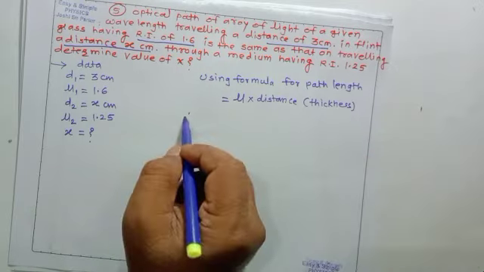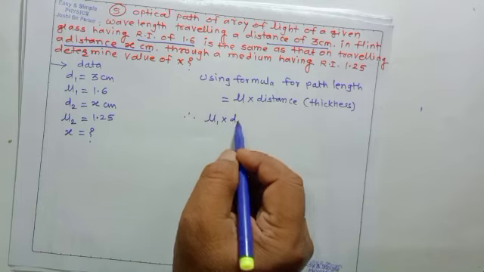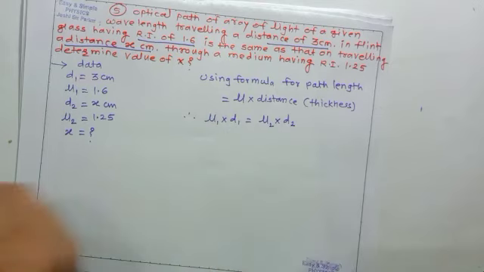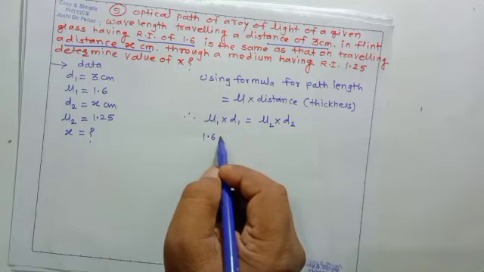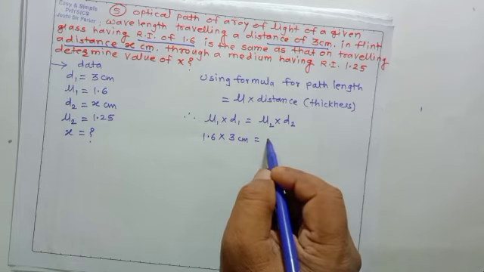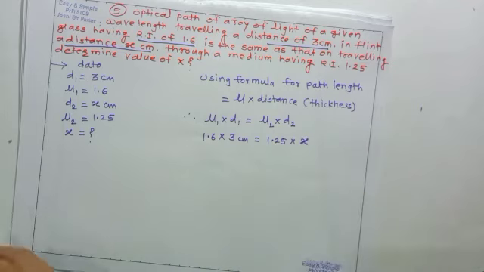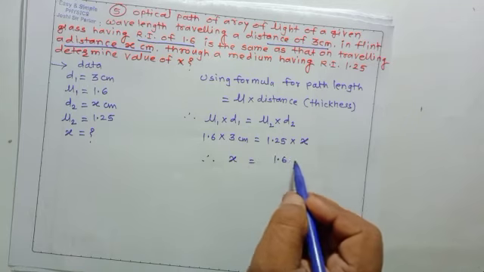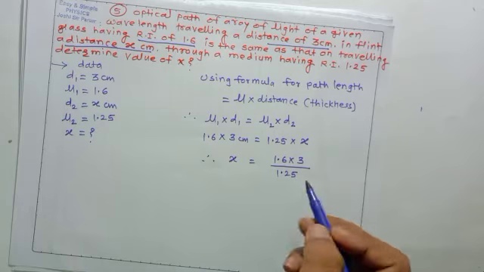Here they are the same, so mu1 multiplied by d1 is equal to mu2 multiplied by d2. Substituting the values, 1.6 multiplied by 3 centimeter is equal to 1.25 multiplied by x. Therefore, x is equal to 1.6 multiplied by 3 upon 1.25.